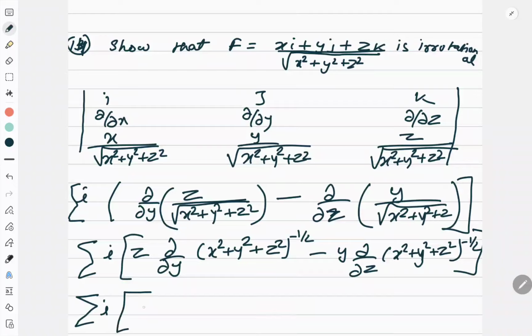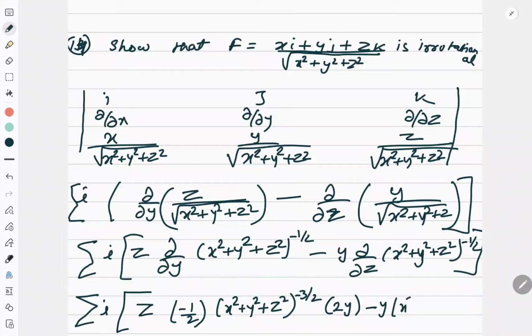Now apply the chain rule, so minus 1 by 2 (x square plus y square plus z square), minus 1 by 2 minus 1 is minus 3 by 2, into, since I am doing with respect to y, 2y will come. Minus y, same thing will come, (x square plus y square plus z square) to the power minus 3 by 2 and 2z will come.